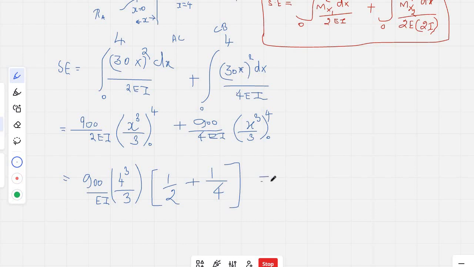Now finally if we evaluate this, you will have 14,400 by 8EI. This is the strain energy.